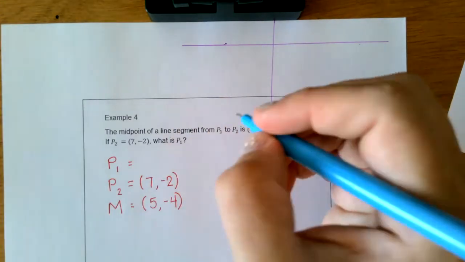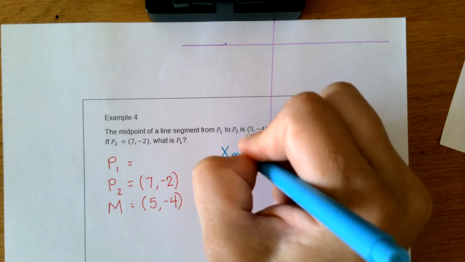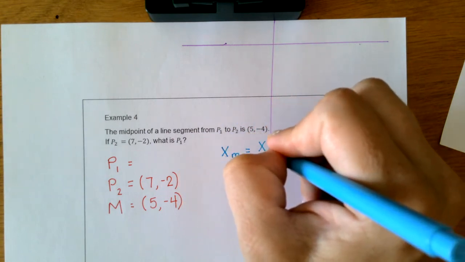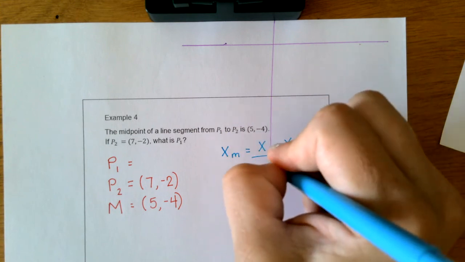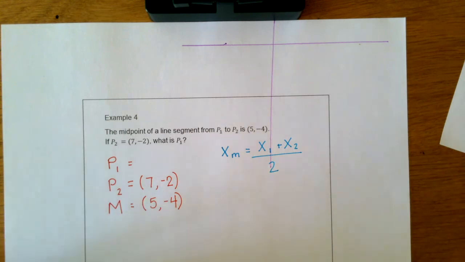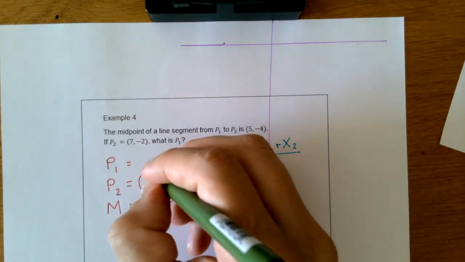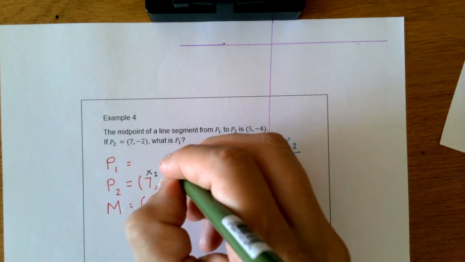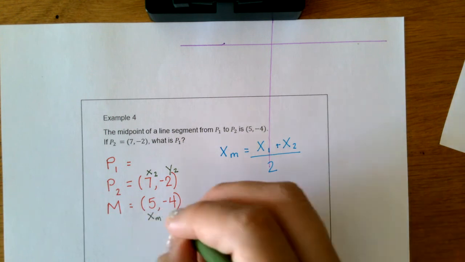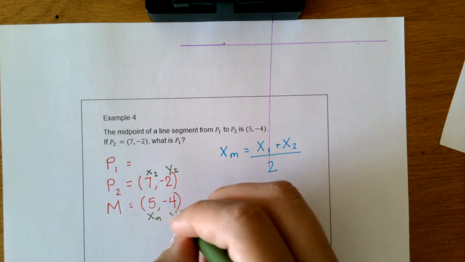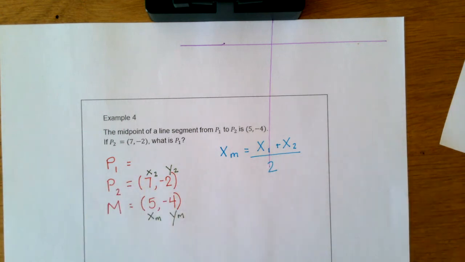So the X of the midpoint is the X of 1 plus the X of 2 over 2, right? And we should label these. So this would be X2, Y2, XM, YM, because this one's not point 2, this is the midpoint. So that's why I labeled it M.